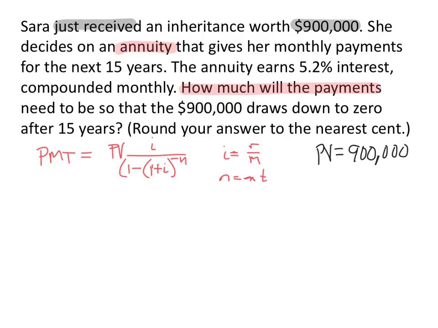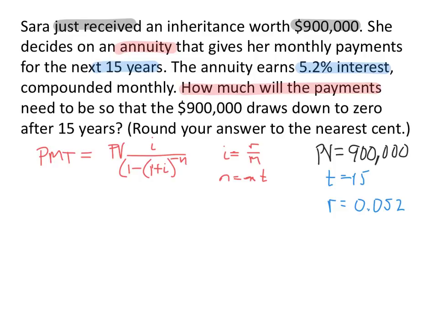And those values are given to us up here in the problem. Let's see. Monthly payments for 15 years. So I know that my time is 15 years. I know that the annuity earns 5.2% interest. So I know my rate is 0.052. Remember to change it to a decimal.